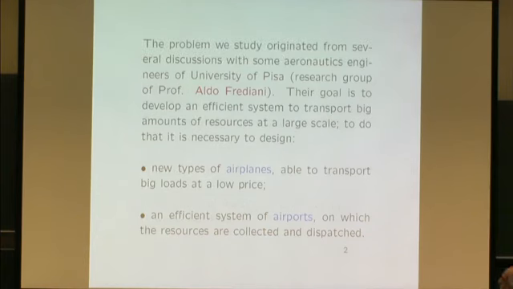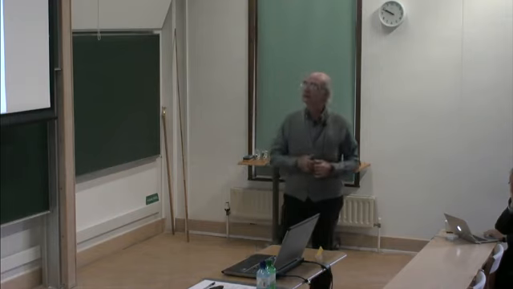So the problem, roughly speaking, is to design a very efficient network to transport by airplanes a very big amount of resources at a long scale, at a low price. This is the big idea, and this problem has two phases.